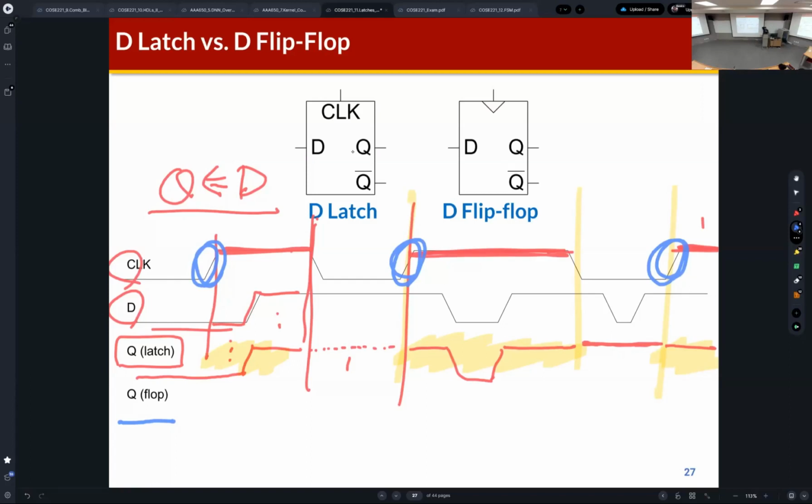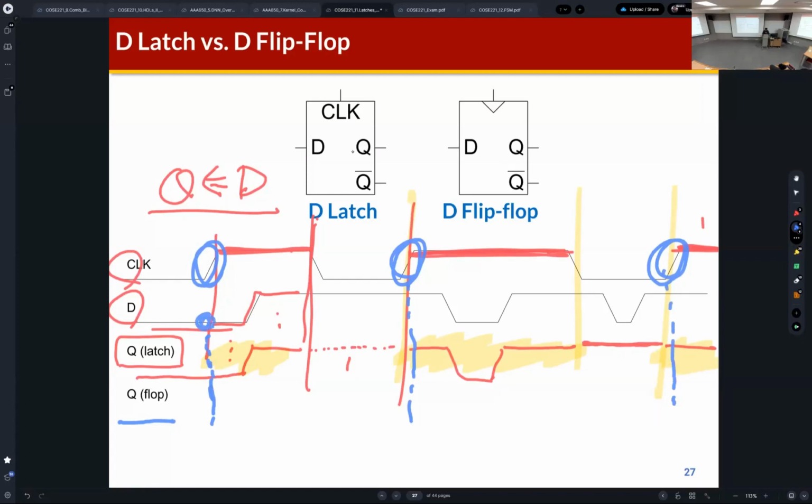I explained that the input signal D is sampled at the rising edge of the clock, and then this sampled value is transferred to the output of the flip-flop. So Q is also D, but only at this point, at the rising edge of the clock. So what will happen? For the flip-flop, this is the rising edge, this is also a rising edge, this is a rising edge of the clock.